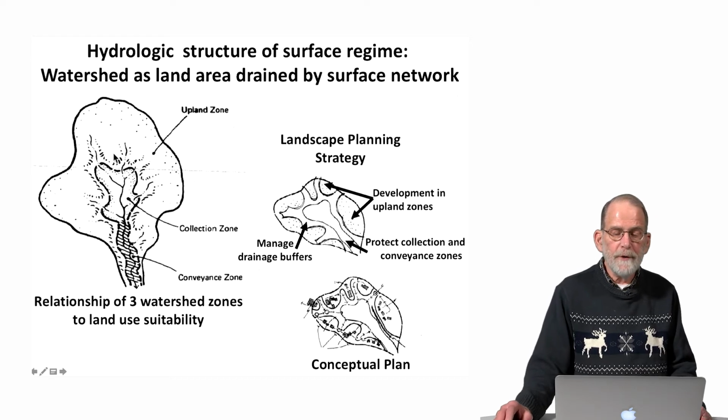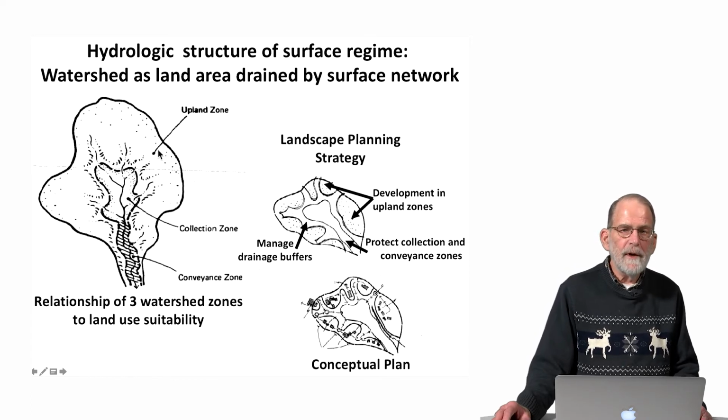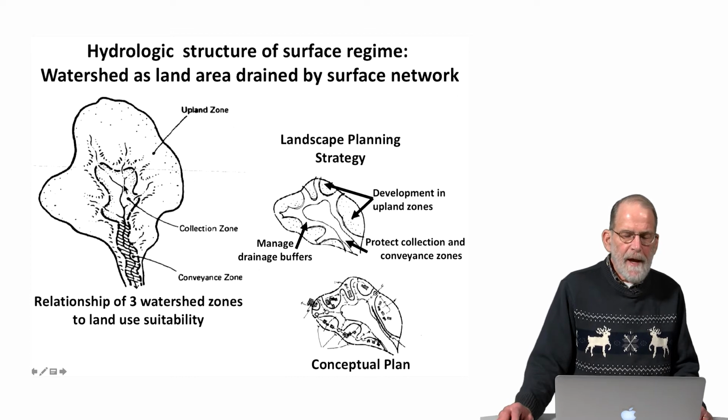The so-called upland zone, which is where most of the precipitation actually lands. That precipitation will join the runoff stream in the surface regime, or it will infiltrate and become part of the soil moisture regime, or it will join groundwater and become part of the groundwater regime, and eventually discharge by surface means, by subsurface means, or by groundwater into the channel.